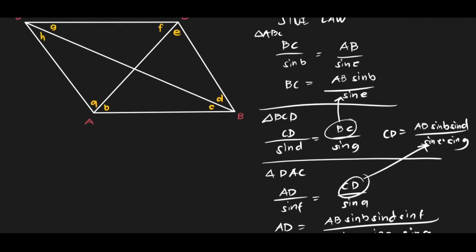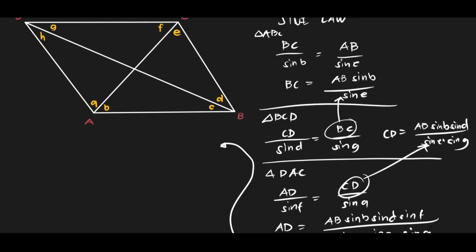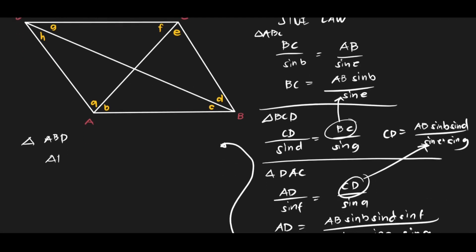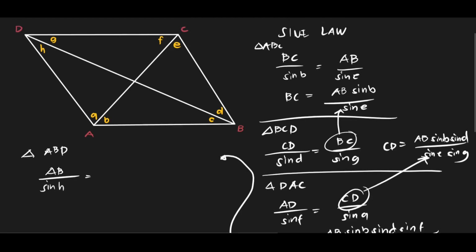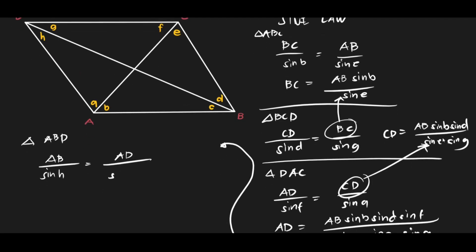now if we go full circle and compute for AB in triangle ABD, we want to compute for AB, so that would be AB over sine H is equal to AD all over sine C, right?